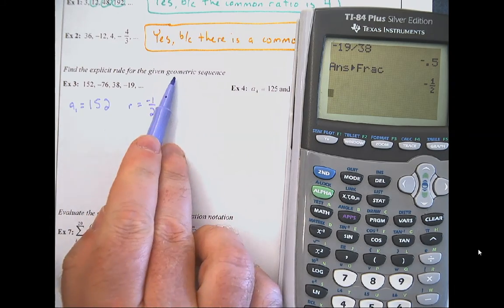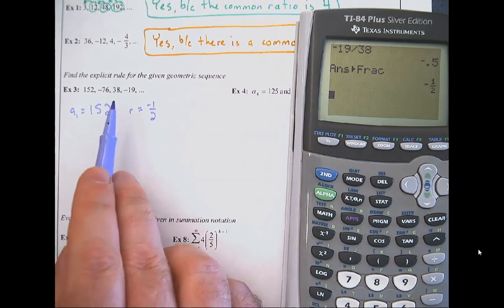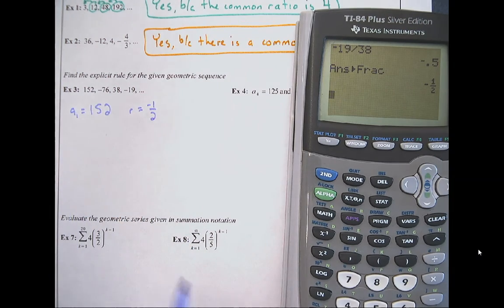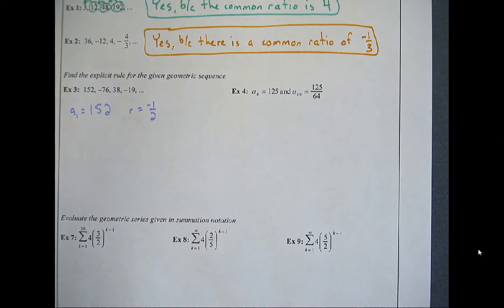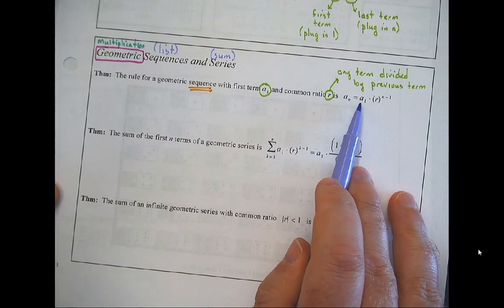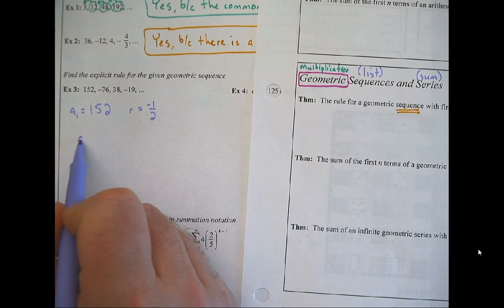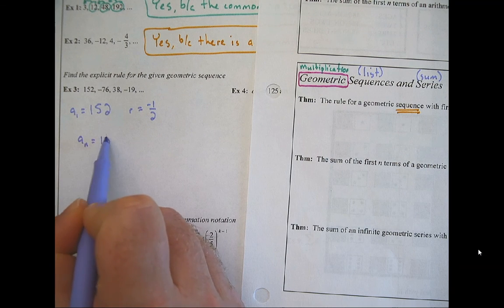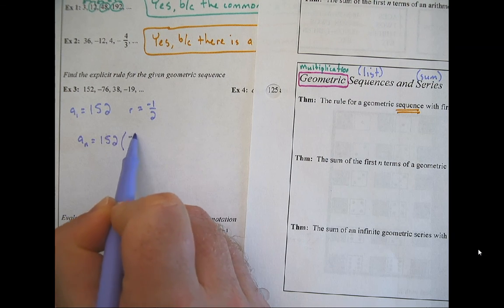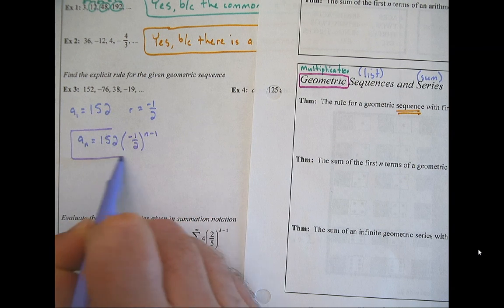Now they told us this was a geometric sequence, so we don't have to double check it. But if you wanted to, you could grab any term and divide by the one before, and it should work out. Now I want to plug and chug: first term times the quantity of r to the n minus 1. So a sub n equals the first term times the quantity of r to the n minus 1. And there's our rule.